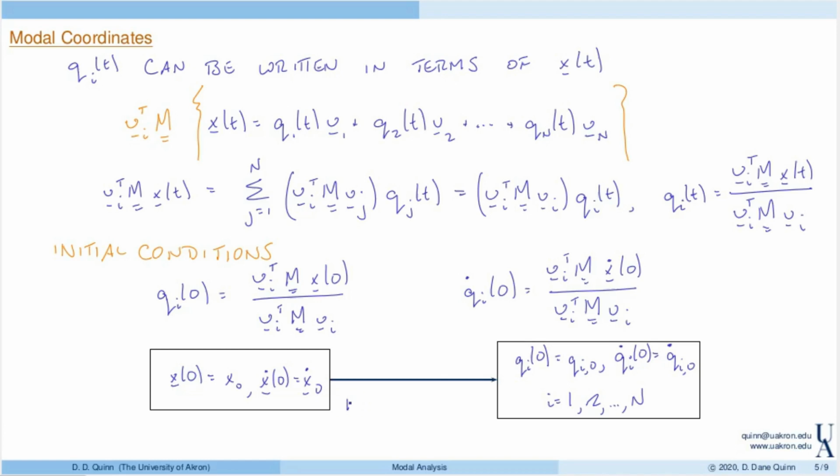So again, this modal transformation can be used for the coordinates as well. And this is useful because now we can determine how the different modal coordinates are represented in terms of the actual physical coordinates.